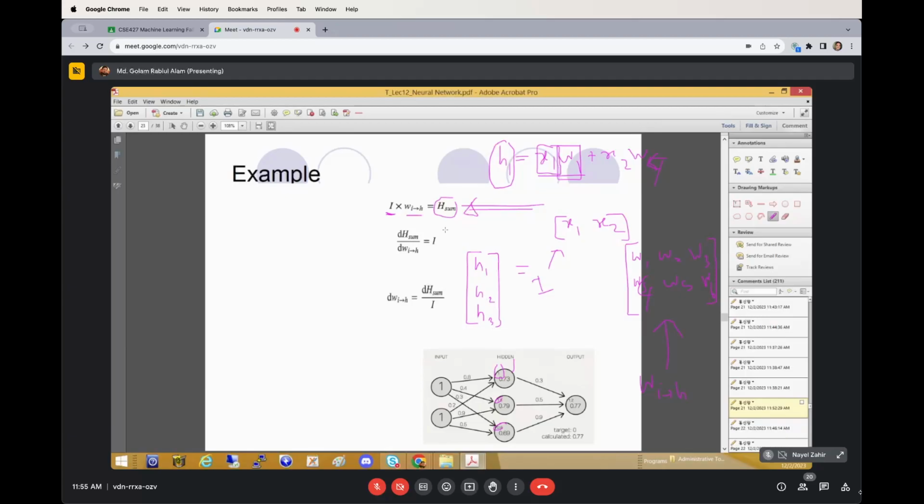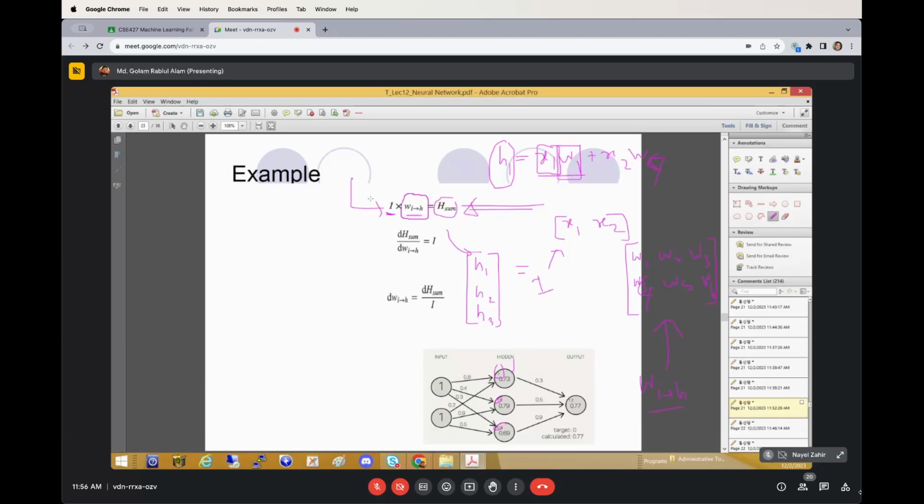So in our hidden sum, it is equal to the input times our weight, that is the weight of the input to hidden layer. Okay, so this equation we used in our forward propagation. Now we can take the derivative of this equation with respect to w.